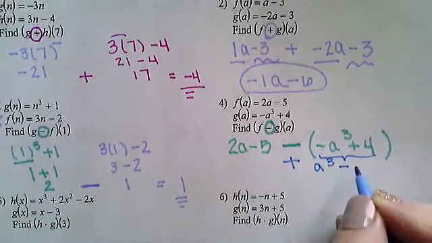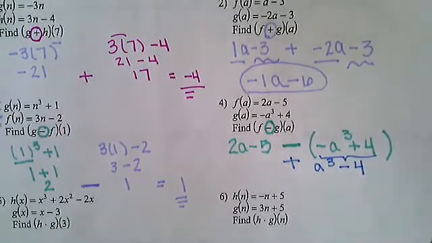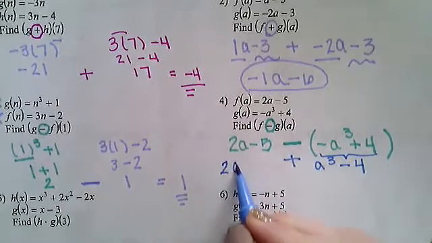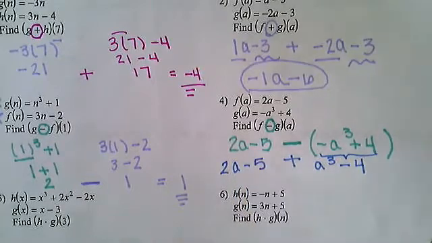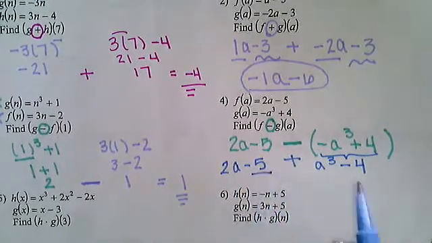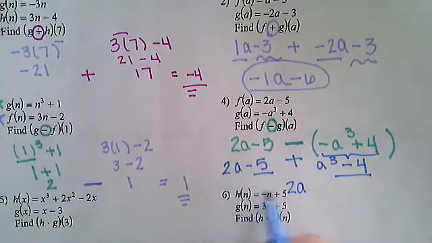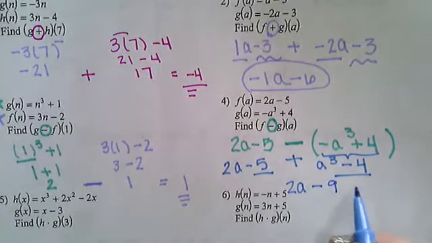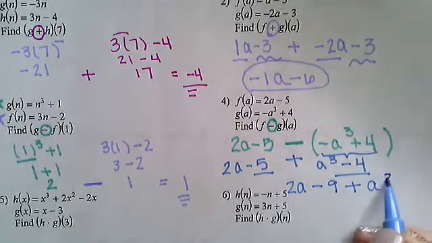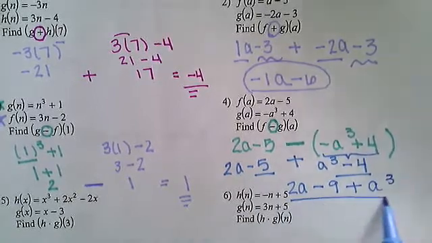So this will become a positive, and this will become a negative. We'll drop our 2a minus 5 down exactly as is, and we'll look for any like terms. I don't care what order you put these terms in, so we'll drop the 2a down, -5 and -4 is -9, and we'll add our a3 at the end.